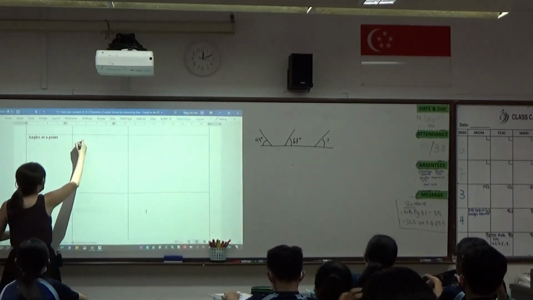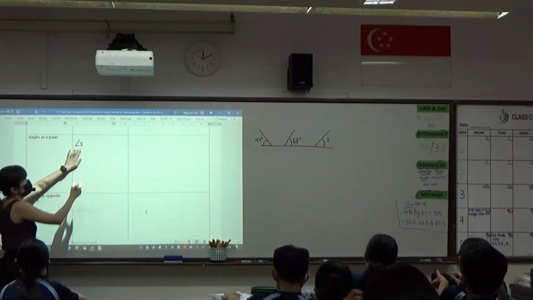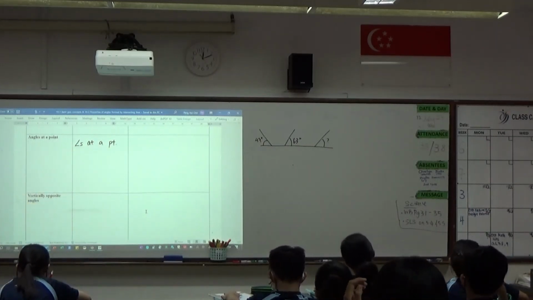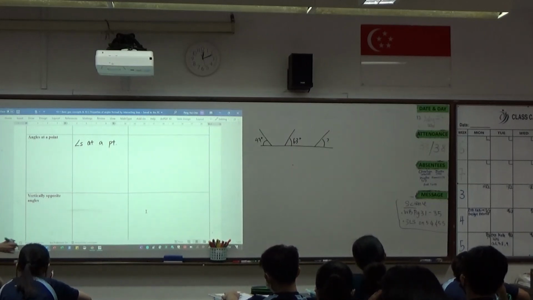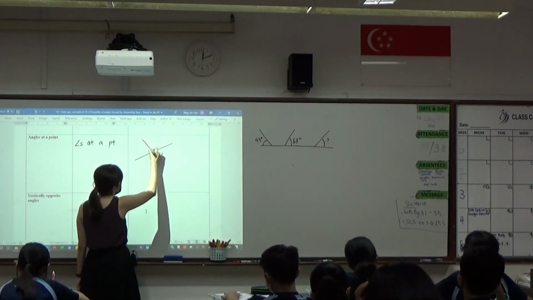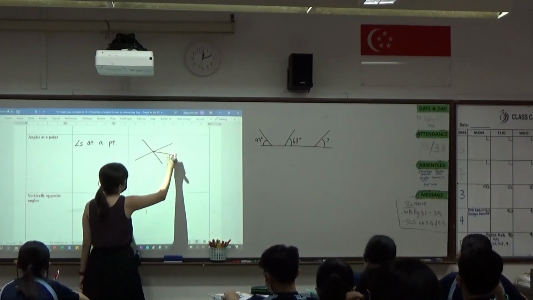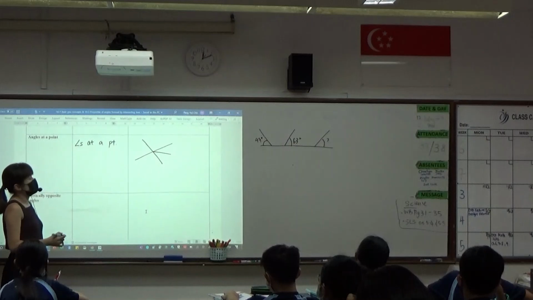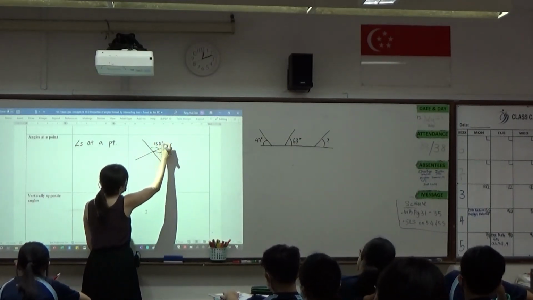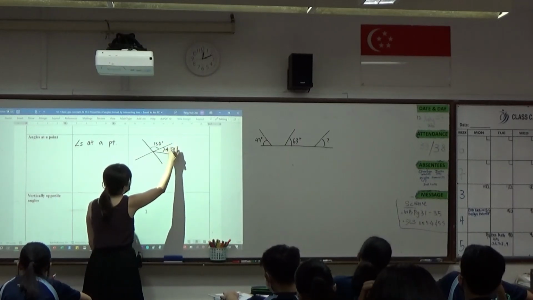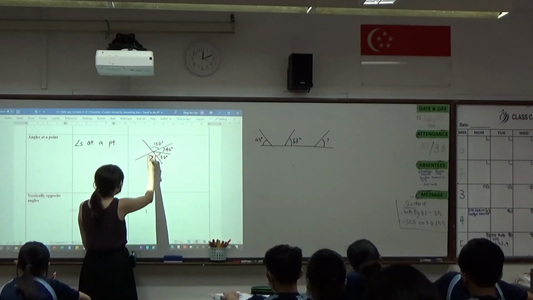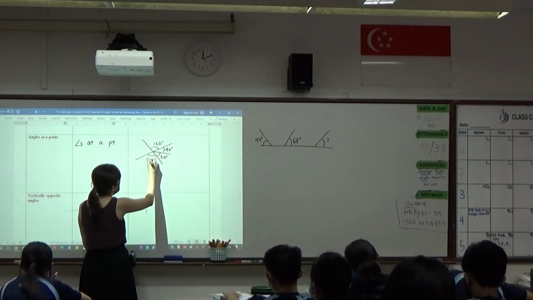For angles at a point, the abbreviation that we use is angles at a pt. So it's a short form. How it looks like, for example, if I have straight lines like this, maybe this is 130 degrees, this is 40 degrees, this is maybe 30 degrees, this is 130 degrees.